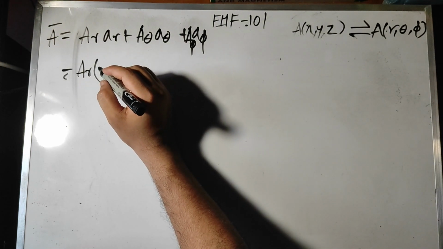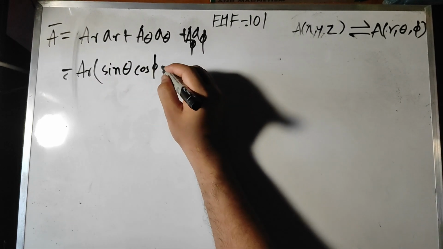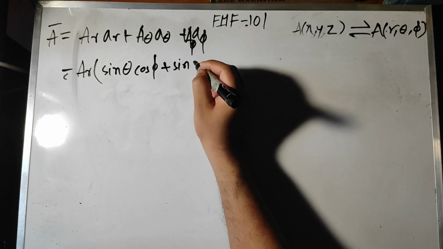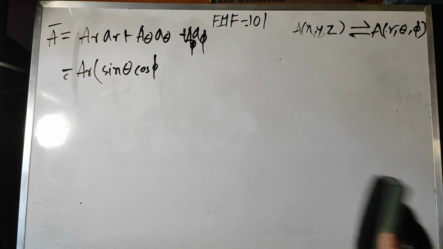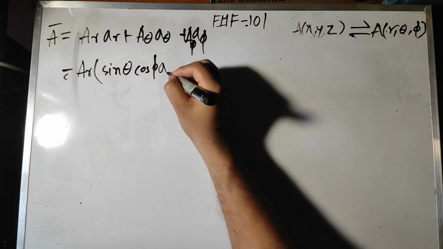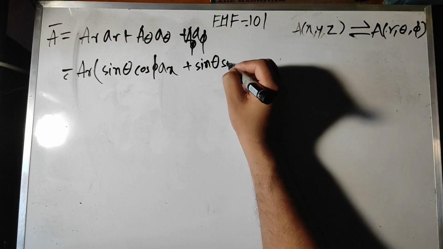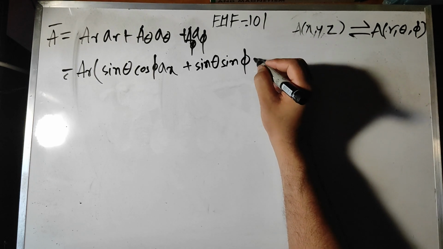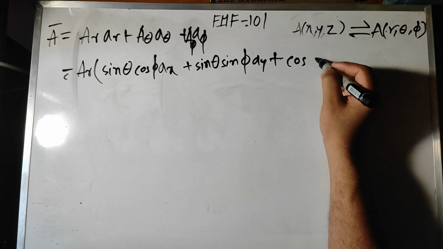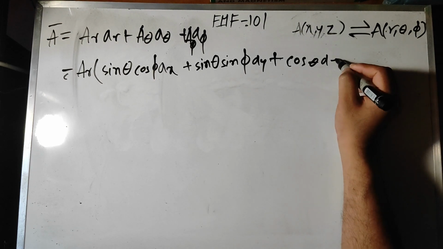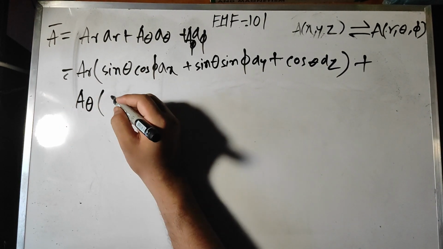Unit vector ar has the component sin theta cos phi in the direction ax plus sin theta sin phi in the direction ay and cos theta in the direction az, plus A theta.